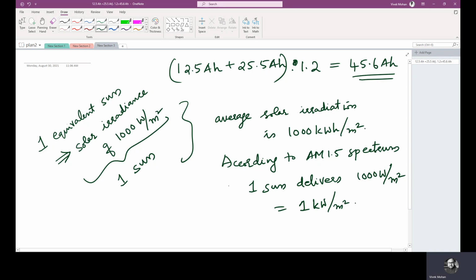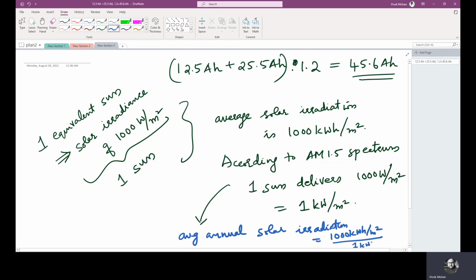So now we can find in Netherlands what's the annual solar irradiation in hours. If we want it in hours, it is equal to 1000 kilowatt hours per meter squared divided by 1 kilowatt per meter squared, which is equal to 1000 hours.